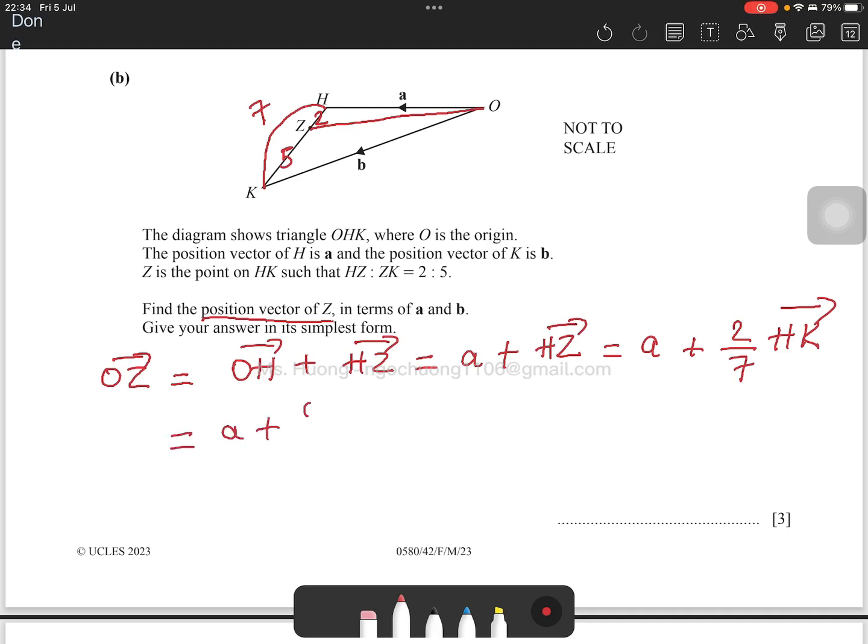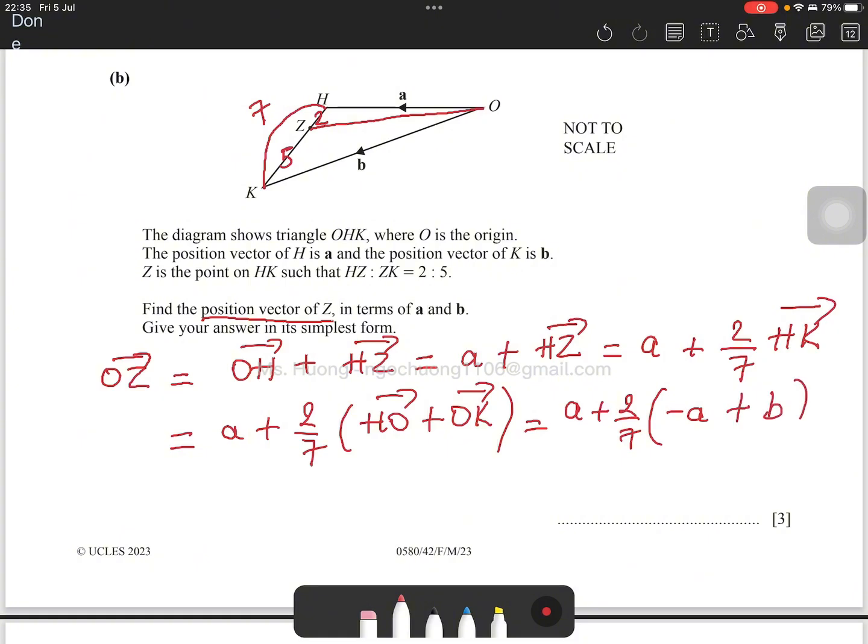a plus 2/7 again. The vector HK is equal to vector HO plus OK. And the vector HO is negative a because OH is a. So the vector HO is negative a, plus the vector OK is b.